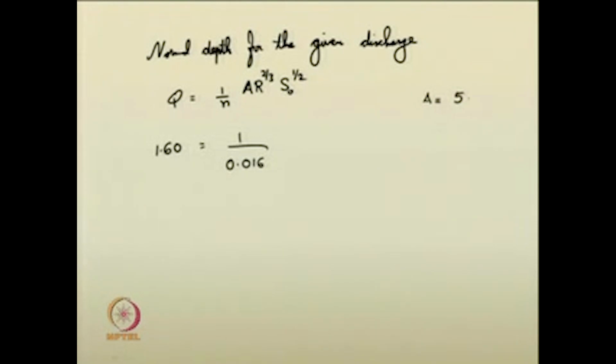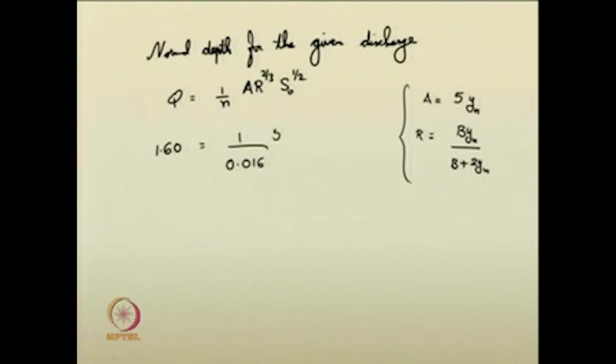This will be pi into normal depth, then wetted perimeter P, or you can say hydraulic radius R. This is equal to B y n by B plus 2 y n. You recall these relationships, substitute it here.